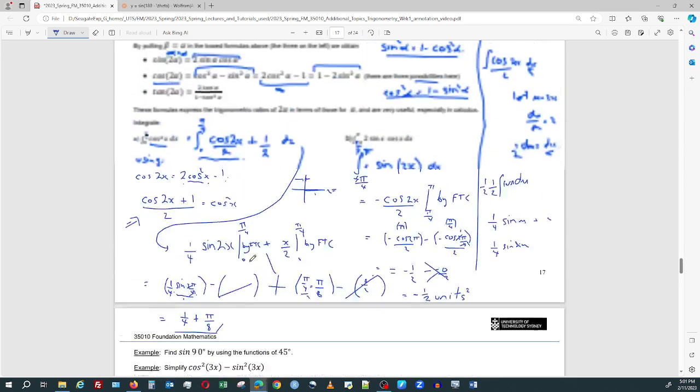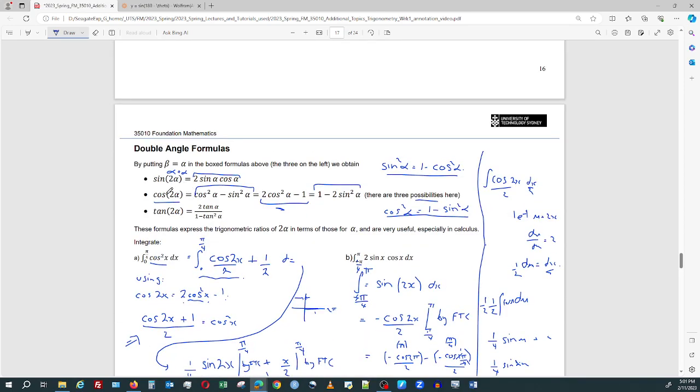So if we look up at our cos 2 alpha, we can see there are 3 options. Cos squared minus sine squared would be a good fit. Or 2 sine. So I think it's one of these.